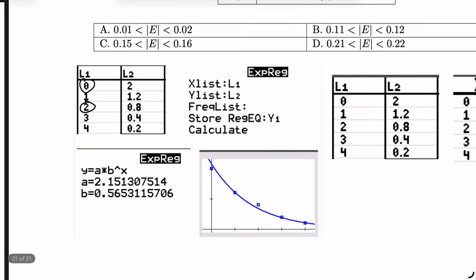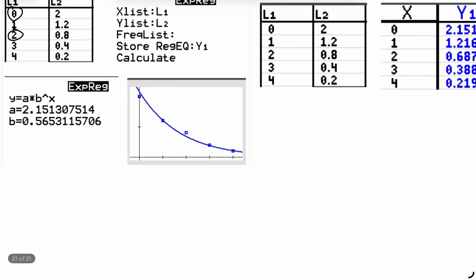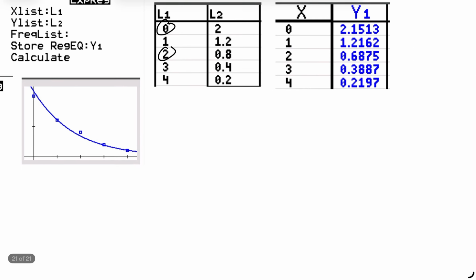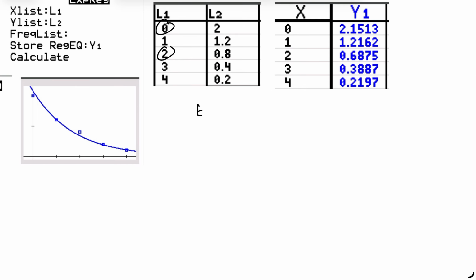So let's calculate those errors at x equals 0 and 2. E of 0 is the absolute value of 2.1513 minus 2, which is the absolute value of 0.1513, so just 0.1513.